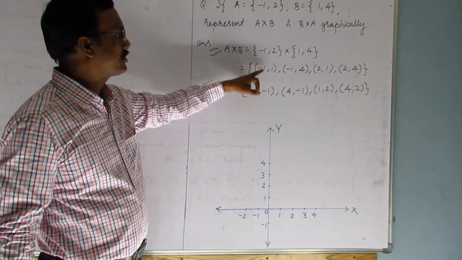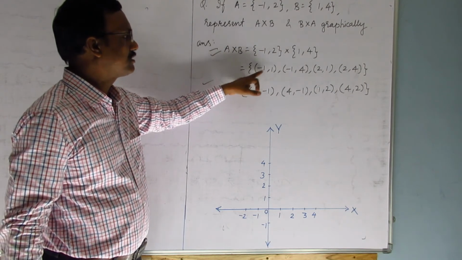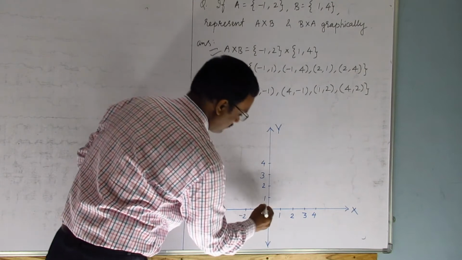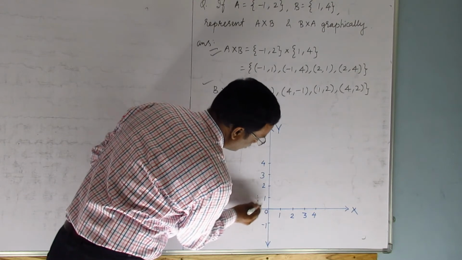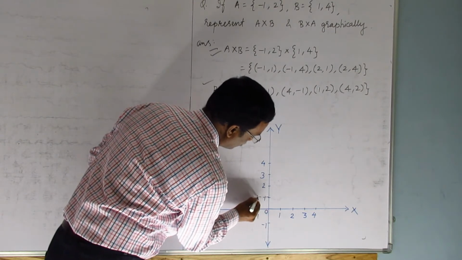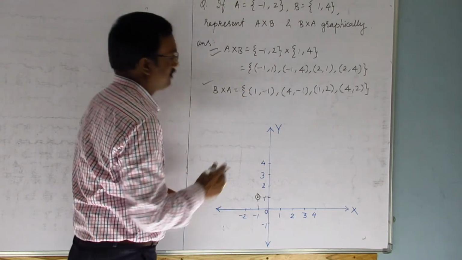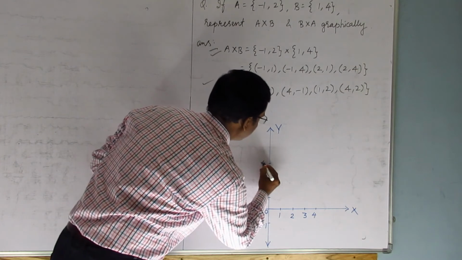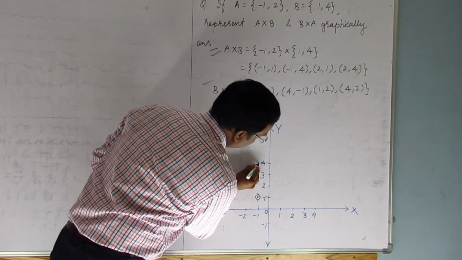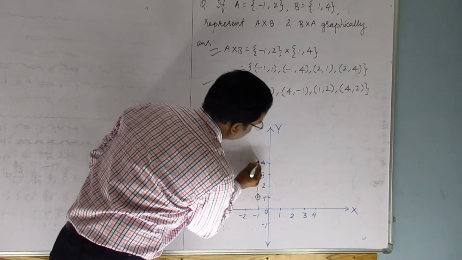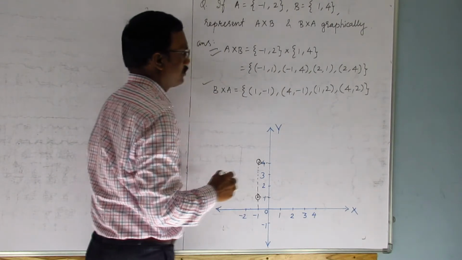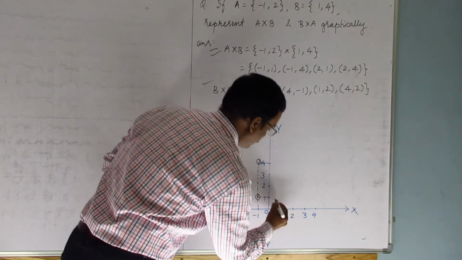Now let us show these points initially. (-1, 1): x coordinate -1, y coordinate 1. So this will be the position, first one. Then (-1, 4): x coordinate -1, y coordinate 4. So this is the second point. Then (2, 1): x coordinate 2, y coordinate 1.